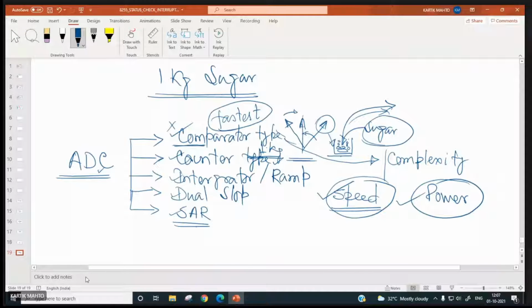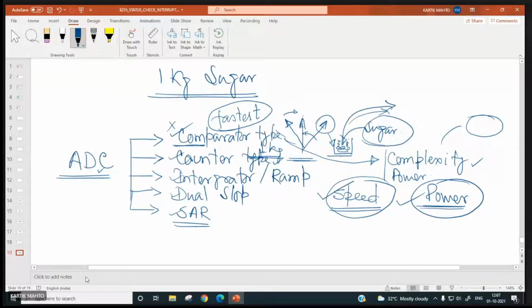The other thing was power. It consumed a lot of power, and the circuit is very complex. When the complexity is there, then definitely the components are more. Components are more means the consumption is more.